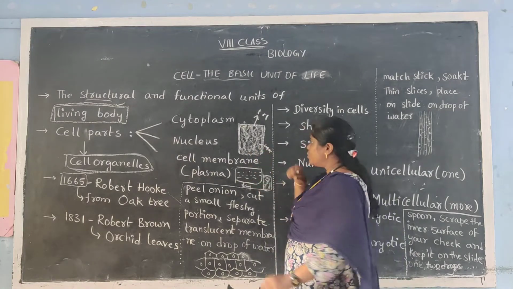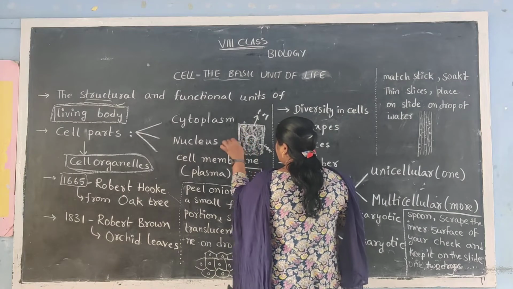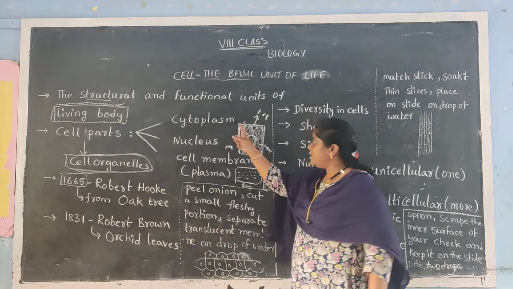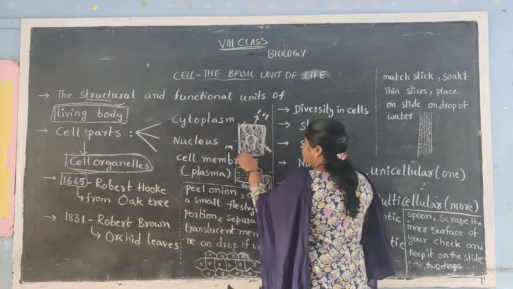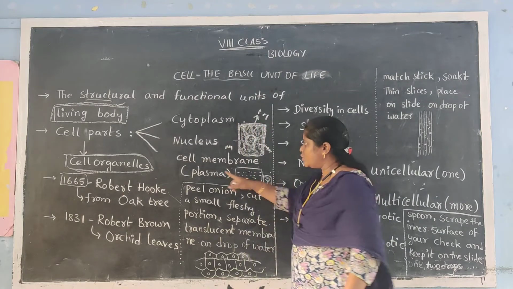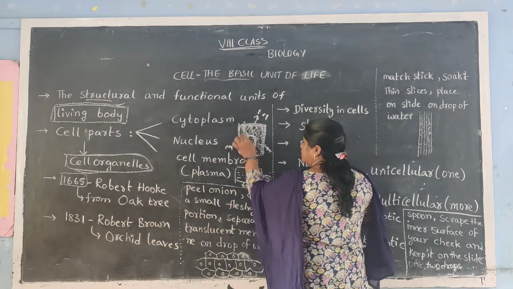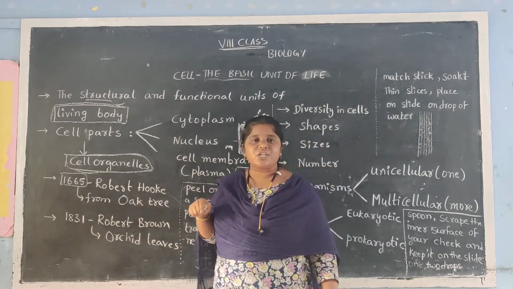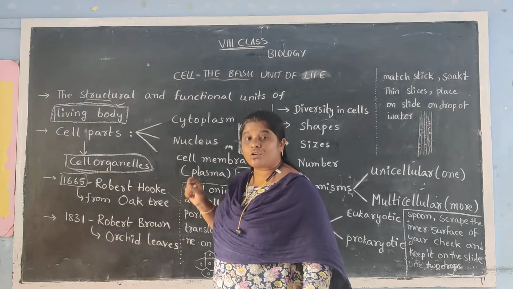For your syllabus, only one single cell organelle I am mentioning to you. This is called nucleus. So this is cytoplasm, and the compound wall is plasma membrane, which can also be called as cell membrane, and the dense spherical structure is called the manager of the cell.